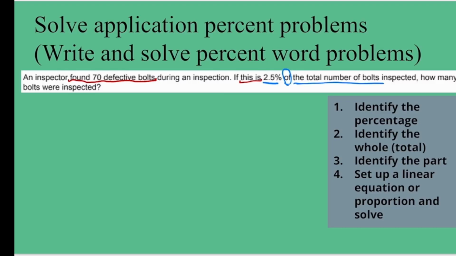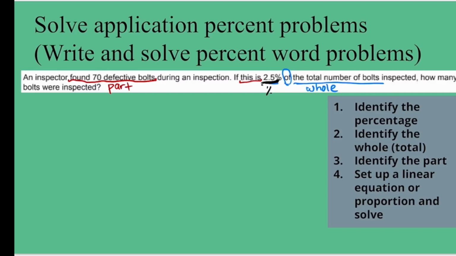How many bolts were inspected? Okay, well, I found my percentage, 2.5%. So I'm good there. The whole is always connected to the of. So in this case, it actually tells you it's the total. So that's your whole or your total. And that means the 70 has to be the part.